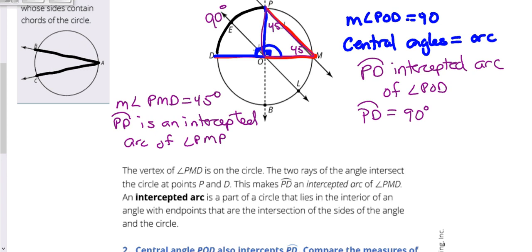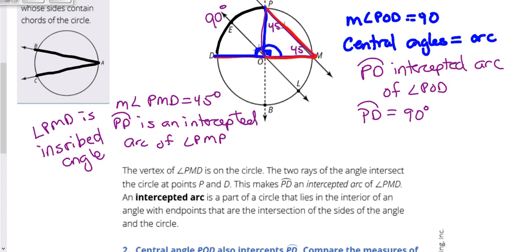So POD is a central angle, PMD is an inscribed angle. And we know that the inscribed angle is half of the arc. Okay?